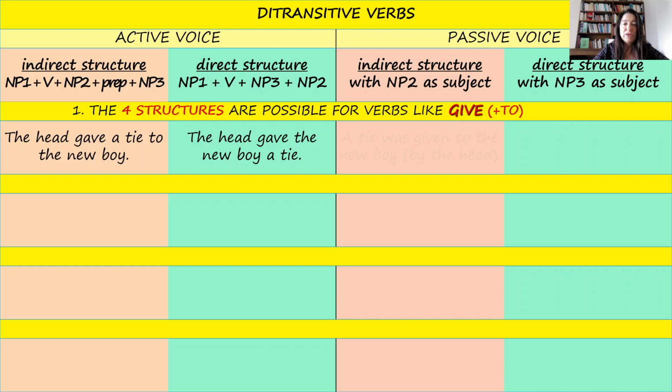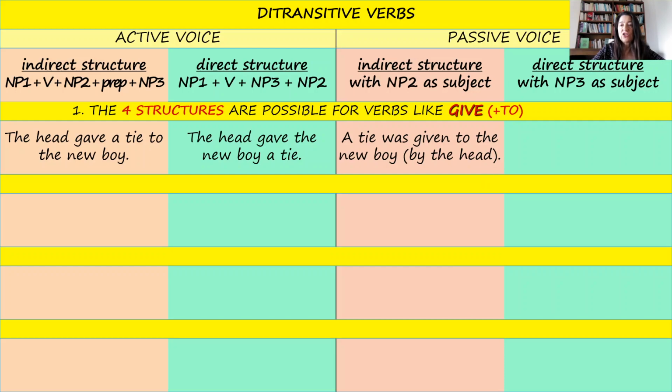In the passive voice now, we can first start with the first object of the indirect structure. So let's start with NP2 as a subject in the indirect structure. For the passive voice, a tie was given to the new boy. And it is obviously possible to also mention the agent by the head.